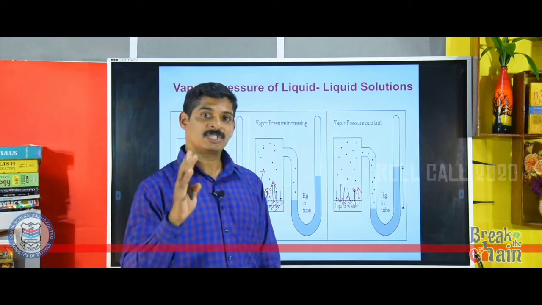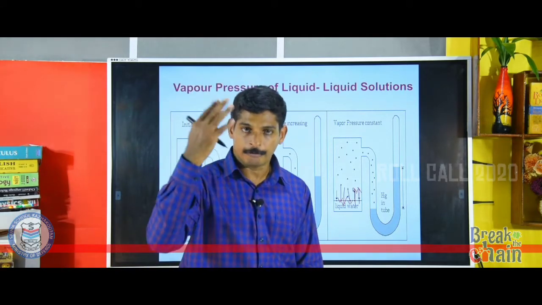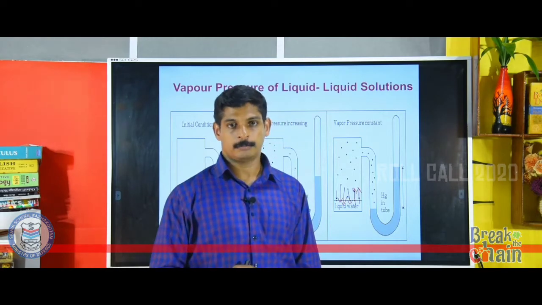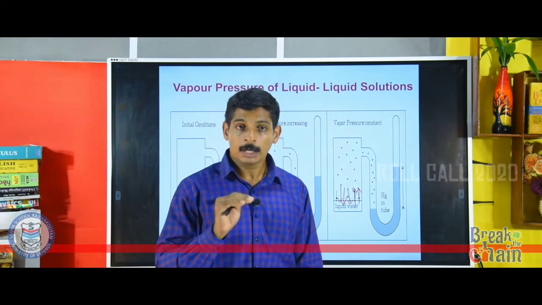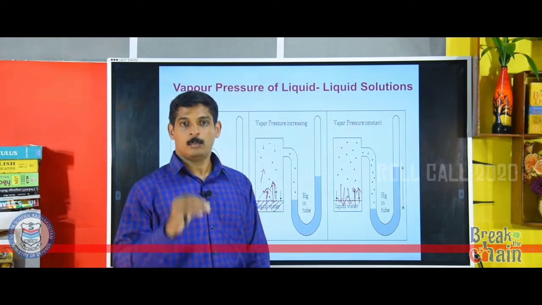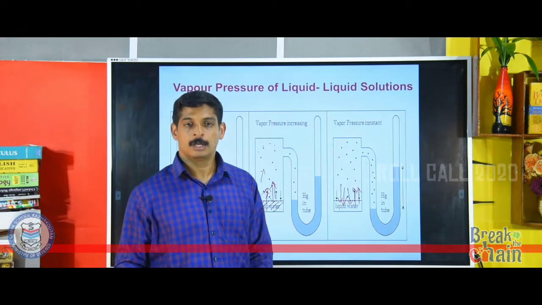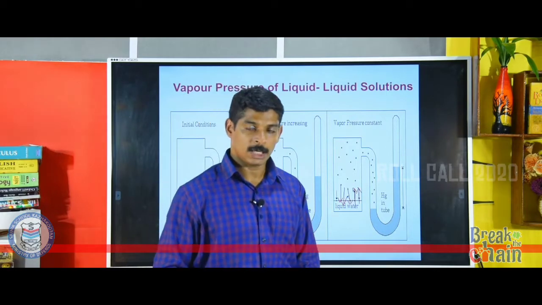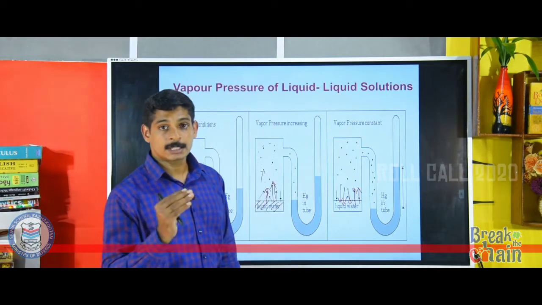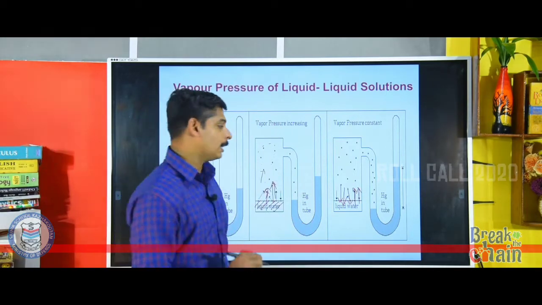So what is the net change in the number of moles of vapor and liquid? Will there be any change? It won't change. Or in simple words, the system has attained a state of dynamic equilibrium.